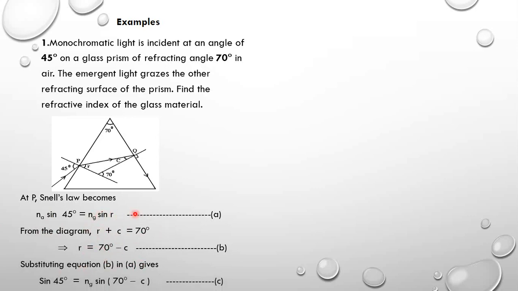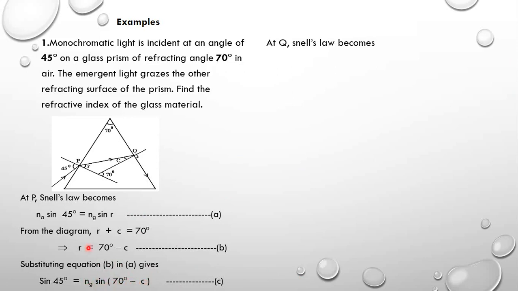After that we are going to expand this in the same way we did, and we shall be able to get sine of 70 degrees cos of C minus sine of C cos of 70 degrees.